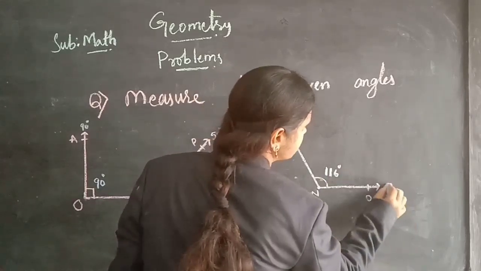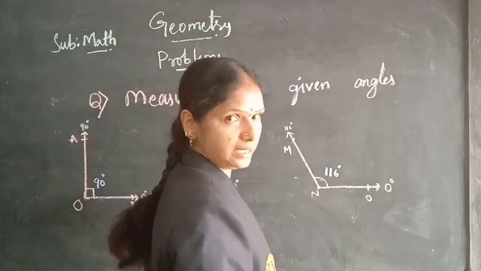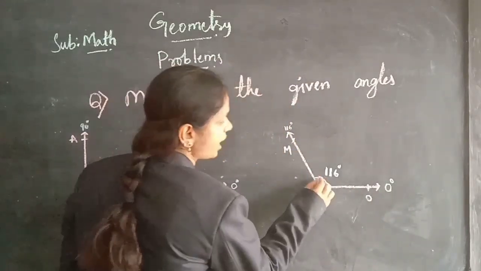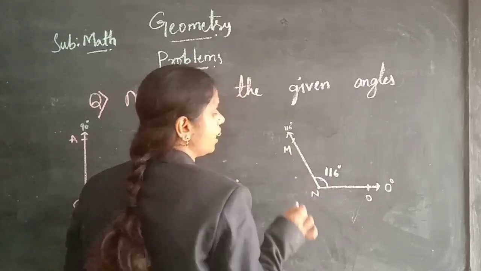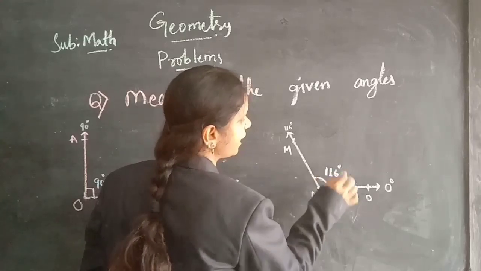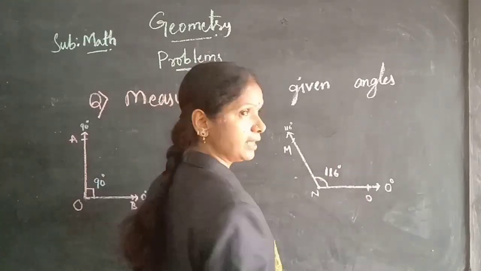The initial ray at 0 degrees and the terminal ray at 116 degrees, children. So the angle between NO and NM is 116. So angle MNO is 116.